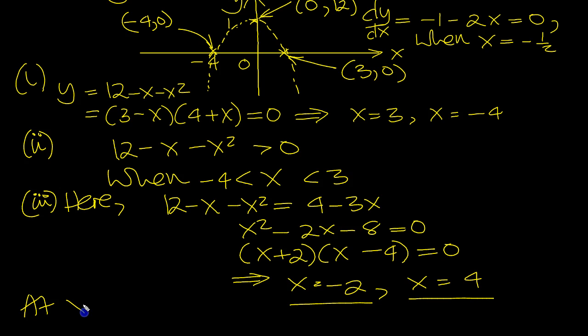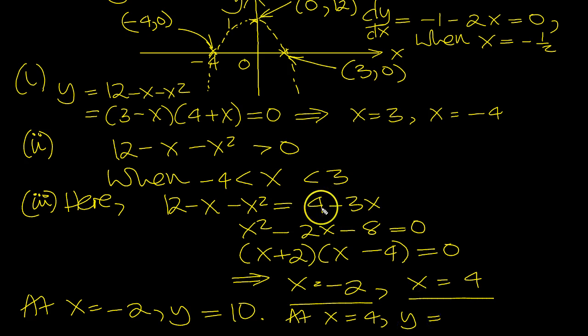At x equals minus 2 then, y is equal to, well, 4 plus 6 is 10. At x equals 4, y is equal to, put 4 in here. 4 minus 12 is minus 8.